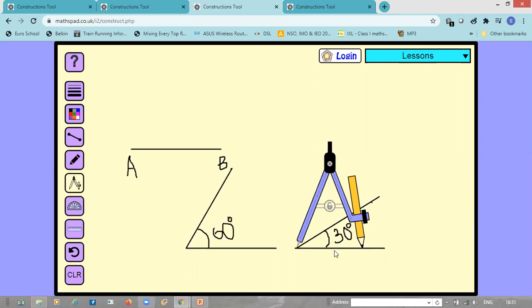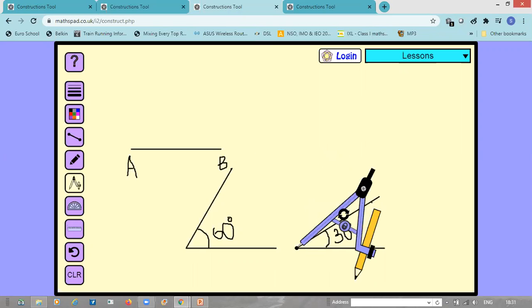Now to make the angle here, take the compass and bring it to its vertex, just like I have done. Now do the same you did with 120 degrees with both the sides.